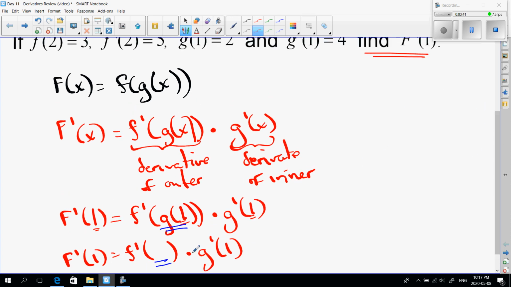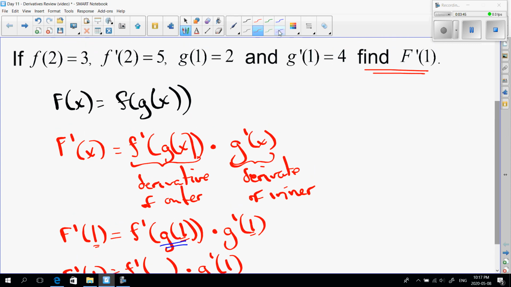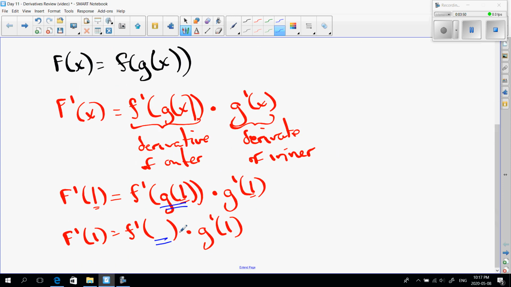Okay, so g at 1. If I look at my list up here, I can see that g at 1 is equal to 2. So this f prime g at 1 can now read f prime 2.